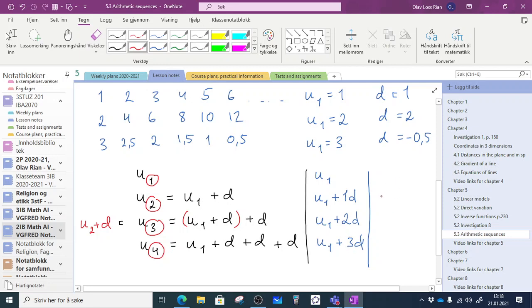So what I can do then is I can say, okay, the fourth term is going to be U1 plus, well, 3 is 4 minus 1, isn't it? So I could write 4 minus 1, or I could write n minus 1, n being the same as the index that we have at any given time. And I multiply that with the common difference.